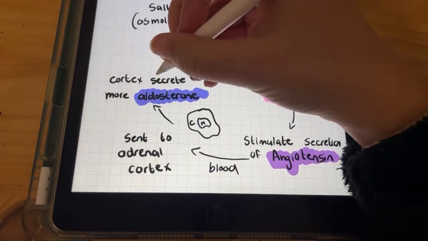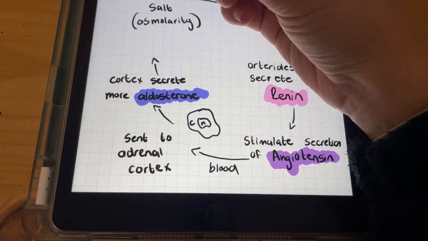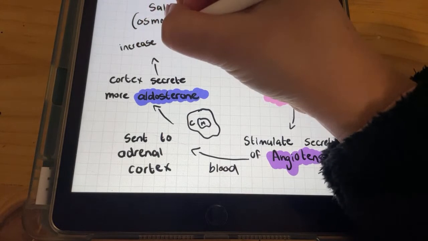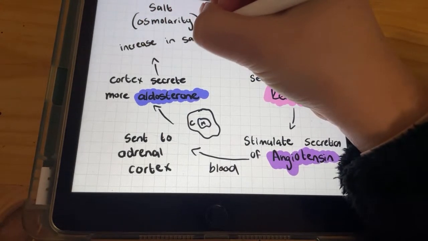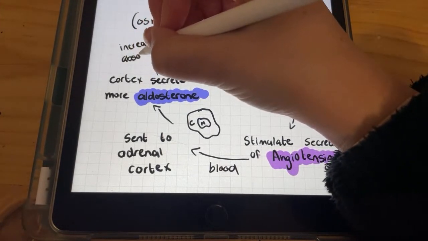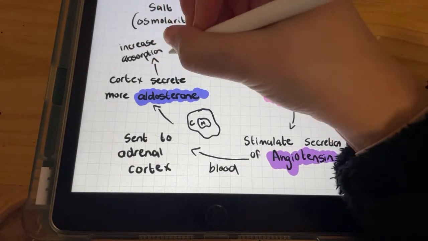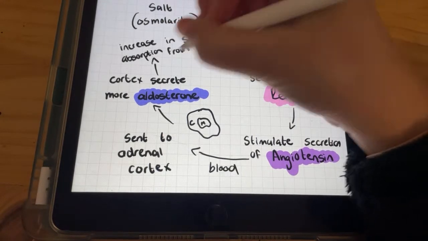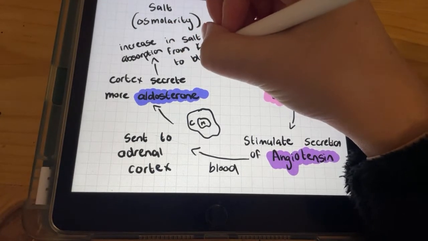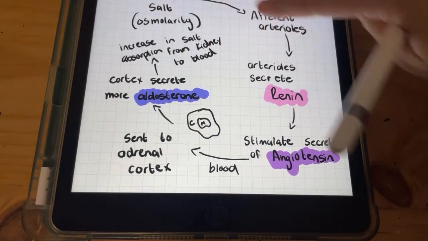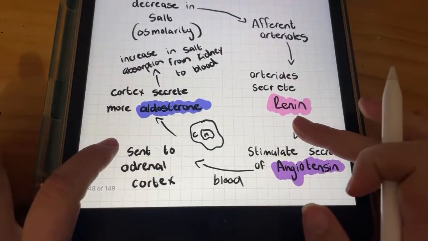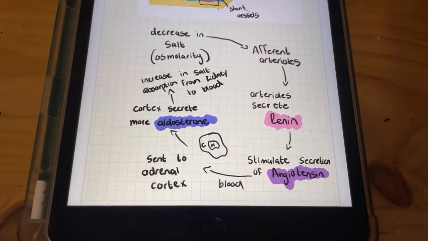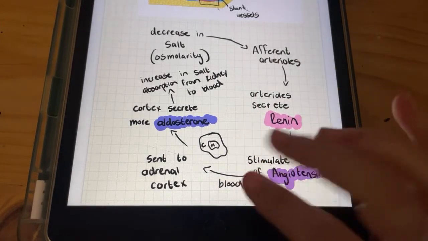The response to aldosterone being secreted is an increase in salt absorption from kidney to blood. Okay, and that's the full little circle there. I can zoom out a bit if you want to see it all in its entirety. So that is aldosterone and that is for salt.